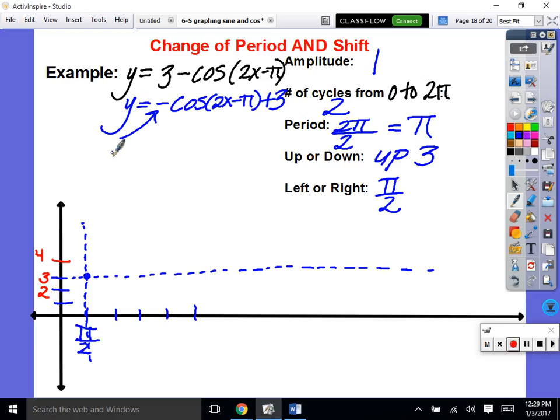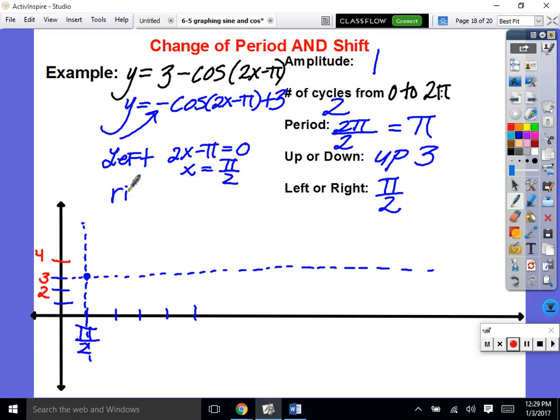So our left point, our left x value will be 2x minus pi equals 0. So our x value for our left endpoint of our period is pi halves. That makes sense. 0 shifted pi halves.